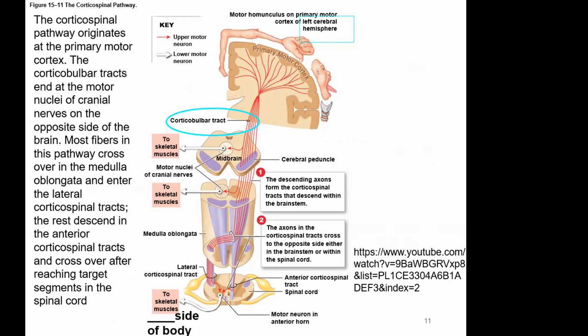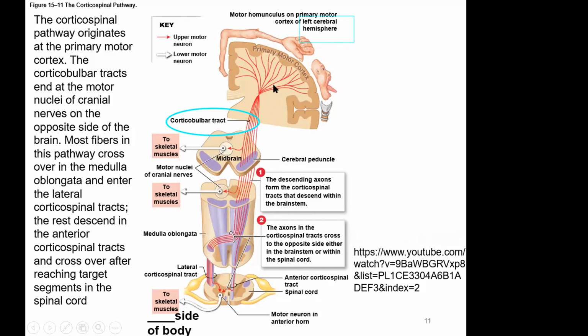It's a very visual thing, which is why I put the video in there, because it is really great to see the whole projection from the brain all the way down through the tracts, and they'll separate out the lateral and the anterior for you, so you can see how all of the differences occur and why. So definitely watch that YouTube video. We're not going to watch it today for time purposes, but that is a cool video.